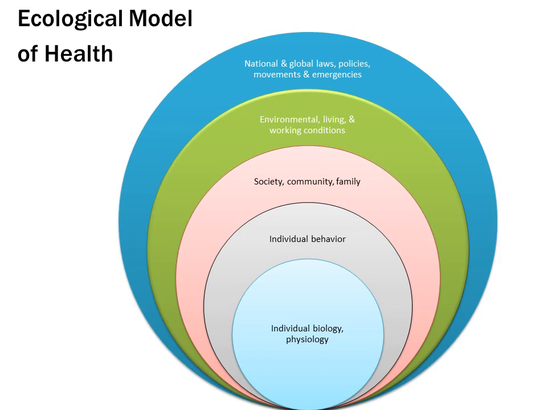And so in addition to societal factors, there are environmental living and working conditions such as global climate change, which affects health, for example, creating more vector-borne diseases. And then there are national and global laws, policies, movements, and emergencies. For example, wars can be pretty bad for people's health.